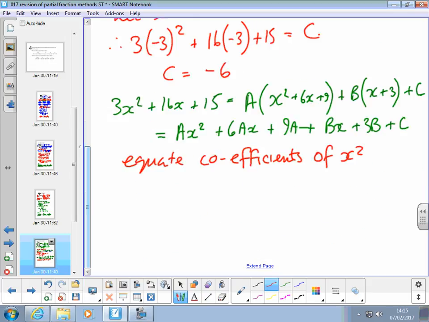I.e., we can say 3x² is equal to Ax², therefore A is equal to 3.